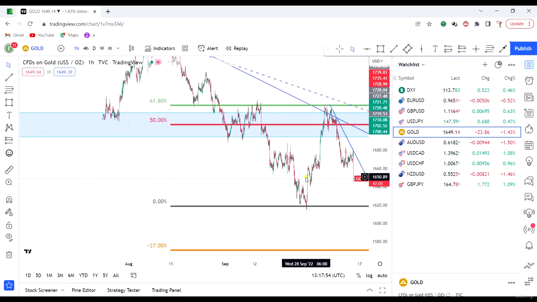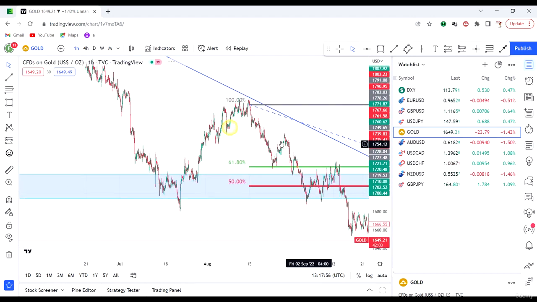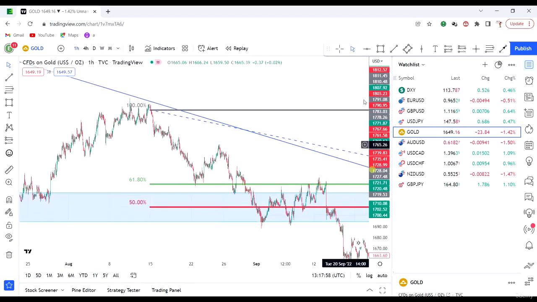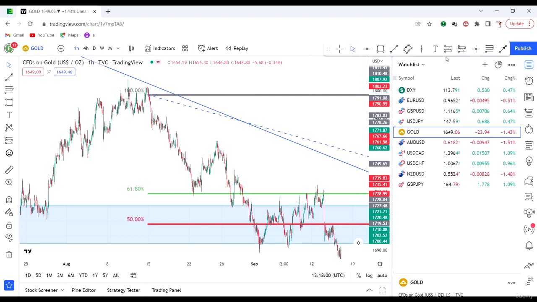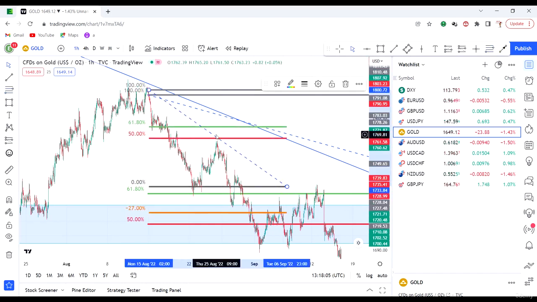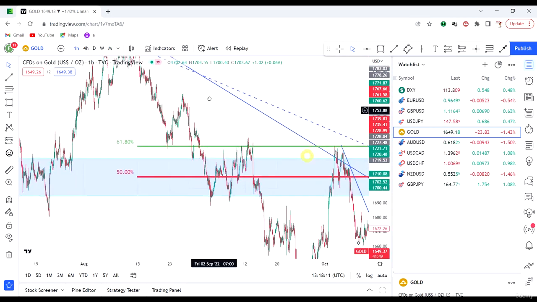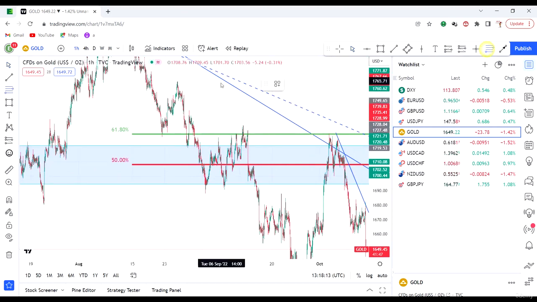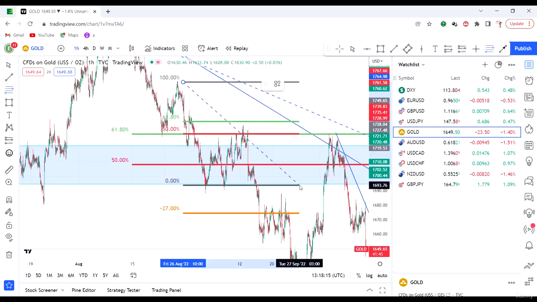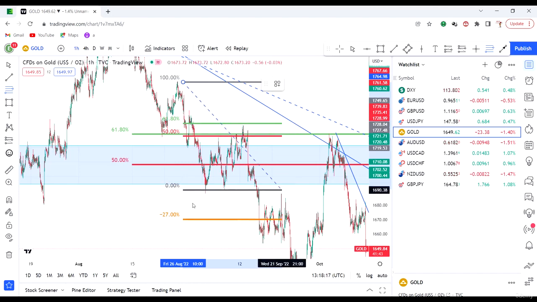You can see that after every retracement there is a continuation to the downside. Now if we drag the Fibonacci tool from here to here, we can see that this retracement fell at the 50%, right?